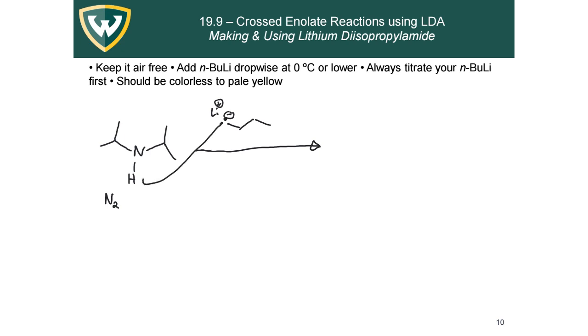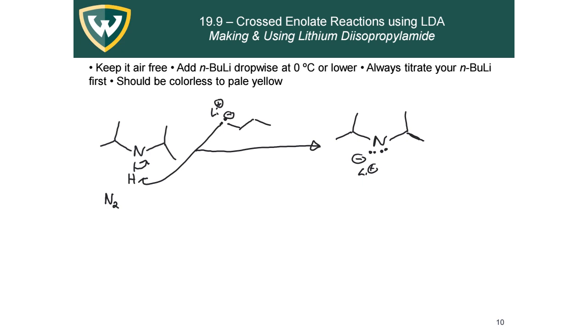This is one of the few bases strong enough to quantitatively deprotonate diisopropylamine to make lithium diisopropylamide. I'll draw it again as this sort of ion pair. The lithium definitely interacts with the nitrogen, and there is some element of bonding there, but the exact nature of that is outside the scope of this class.